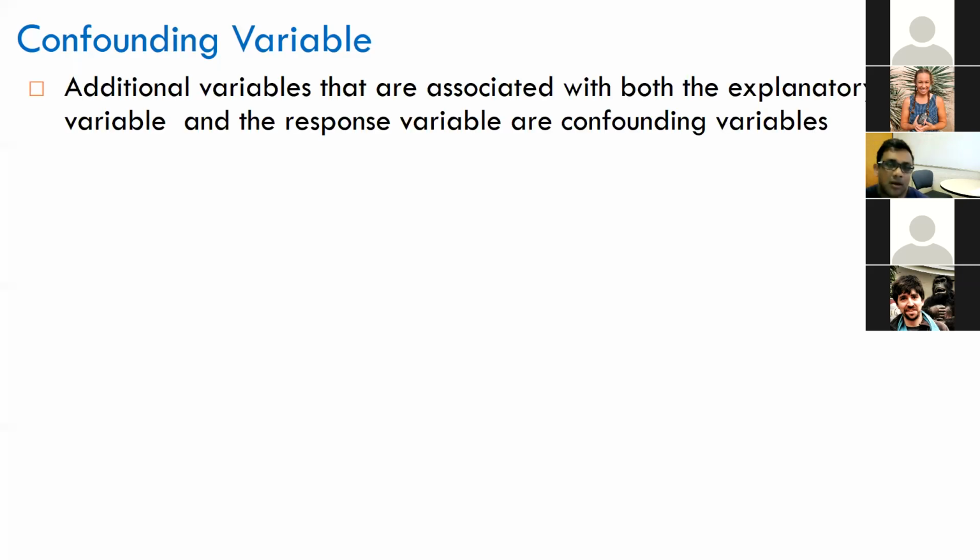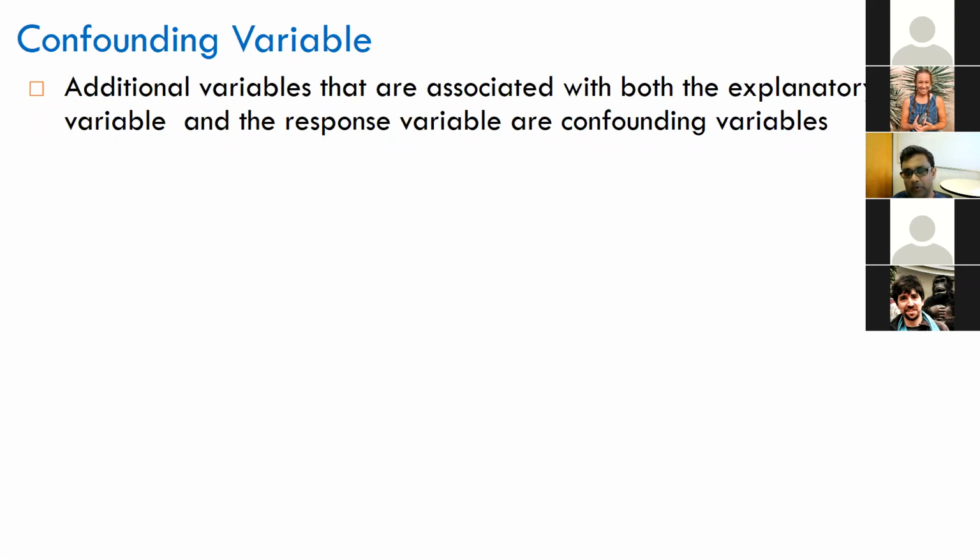Confounding variables are additional variables that can affect both your independent and dependent variables. They are variables you are not really interested in, but they have an effect on both your explanatory and response variables.